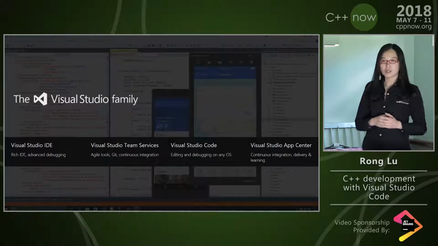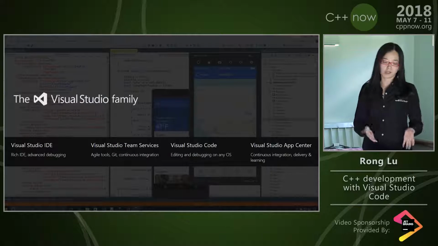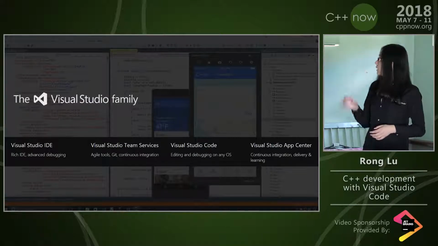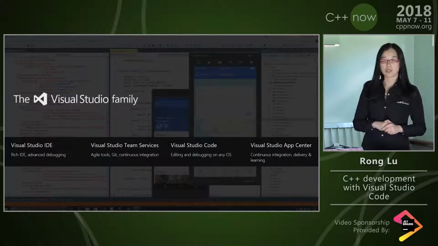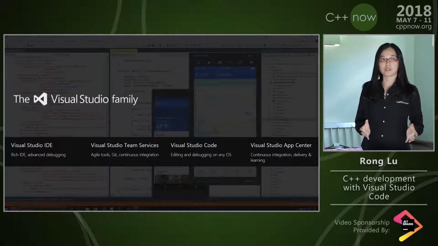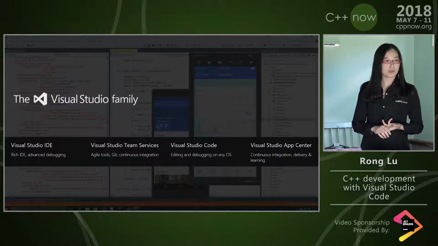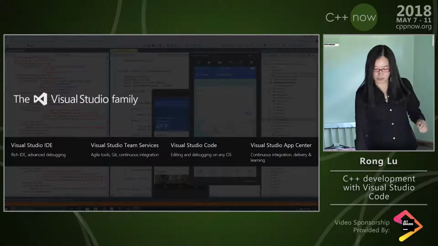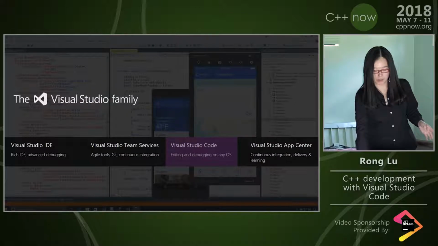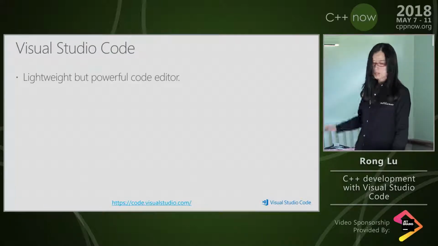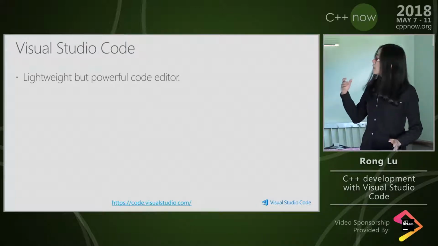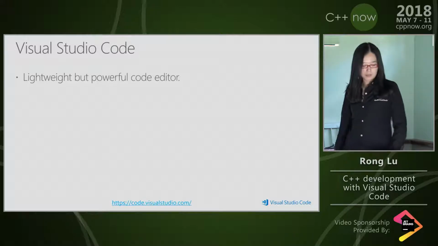And Visual Studio Code is our cross-platform, lightweight editor that we're going to focus on today. Last but not least, Visual Studio App Center, which is another set of developer services that focus on production diagnostics. You can get analytics, you can get crash reports, and stuff like that. So for this talk, we're going to focus on Visual Studio Code. Really quick: it's a lightweight editor, but really powerful.